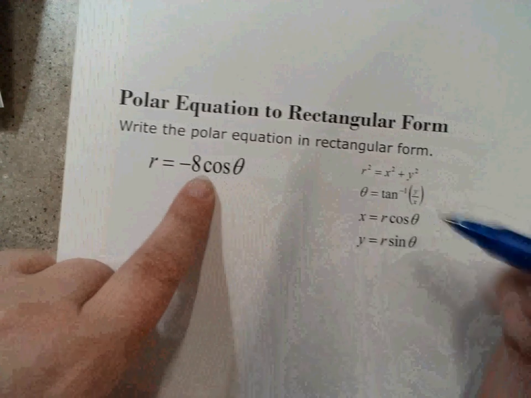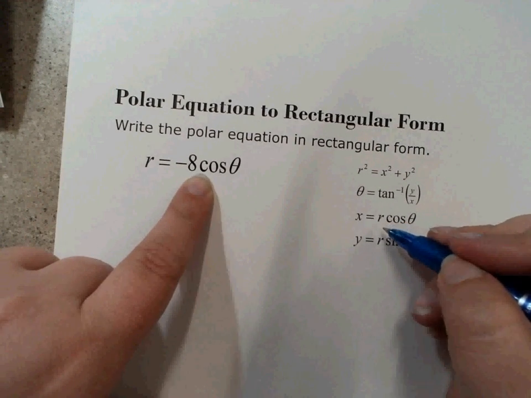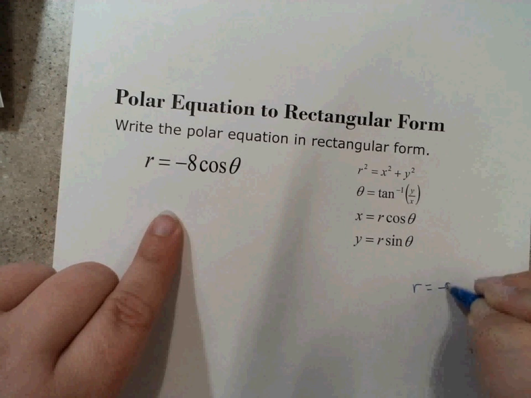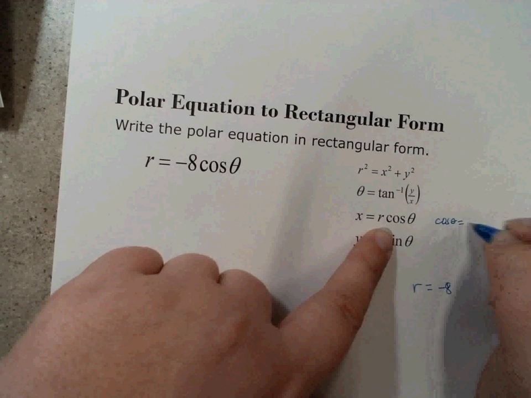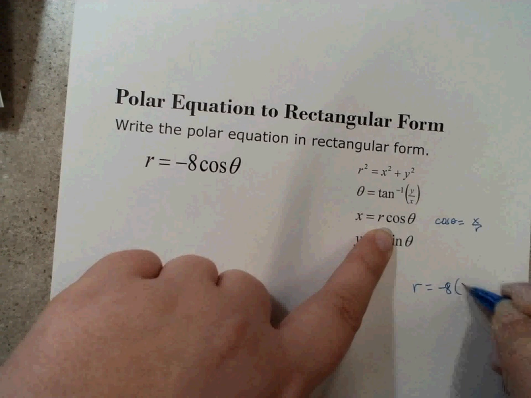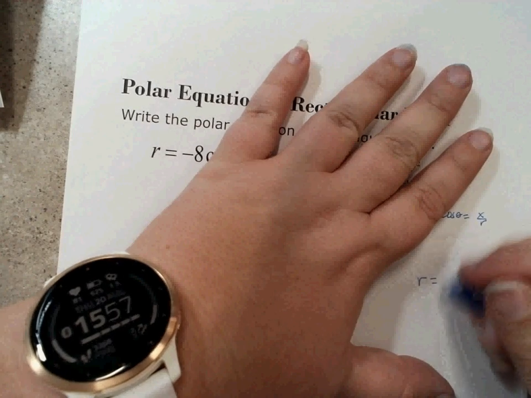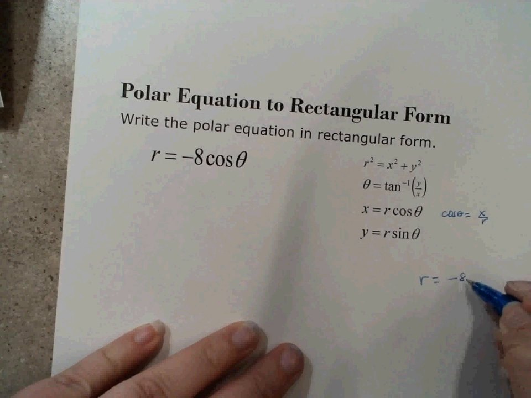One is to piece it together. I could see a student saying, well, cosine of theta equals x divided by r. Okay. And so if I had r equals negative 8, and cosine theta equals x divided by r, then that would be r equals negative 8 times x divided by r. True? Or negative 8x over r.